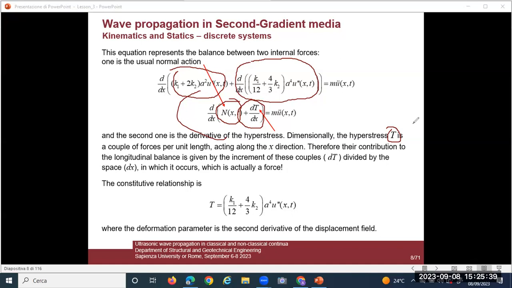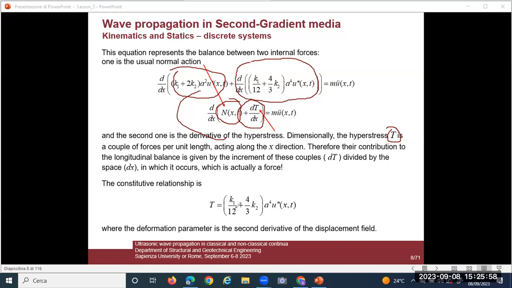Therefore, their contribution to the longitudinal balance is given by the increment of this couple of forces divided by the space dx. So dT over dx is actually a force.